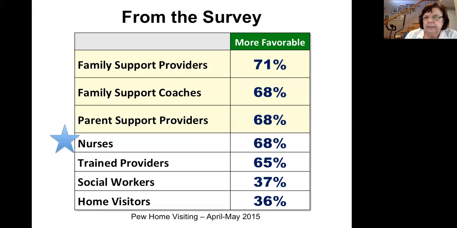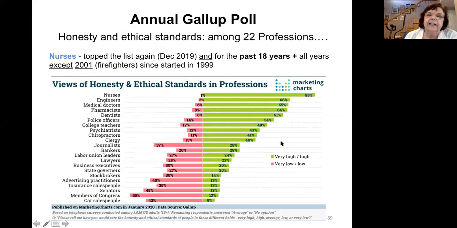And who has the more favorable titles? Family support providers, family support coaches, and nurses were really high. I'd like to reinforce this, because this is National Nurses Week. I think Tuesday is the 200th birthday of Florence Nightingale, but the Gallup polls have found nurses to be the most trusted profession for the past 18 plus years; I think they only added nursing in 1999.